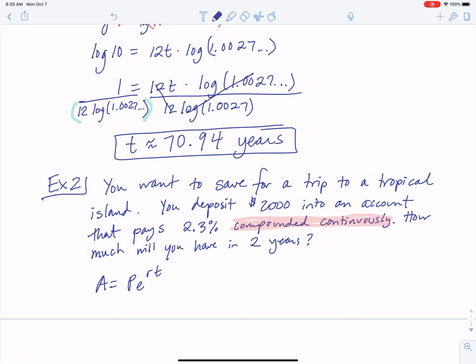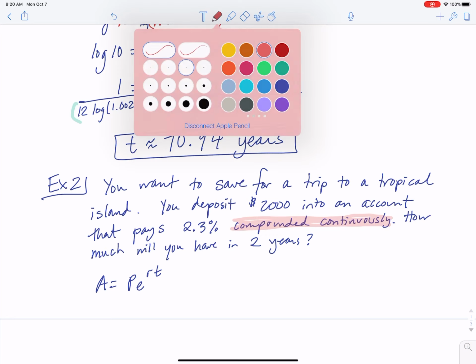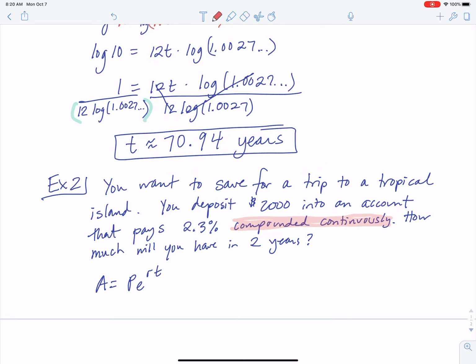All right, 2,000 is your initial amount. 2.3% is your rate. Time is 2. So why don't you pause, go ahead and see if you can get the correct answer. Welcome back.